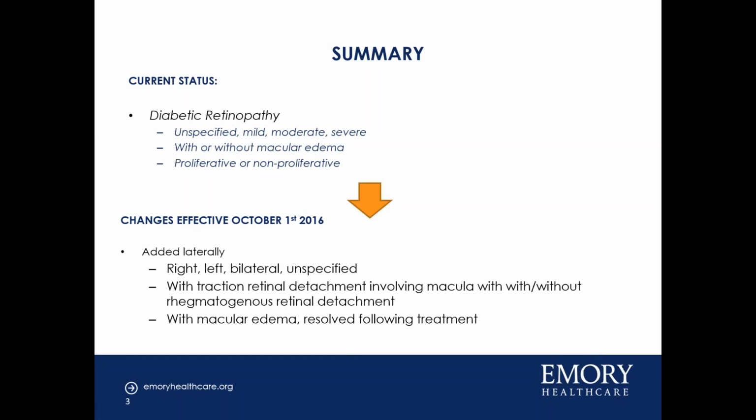So before you used unspecified, mild, moderate, or severe with diabetic retinopathy, and with or without macular edema, and proliferative or non-proliferative. Well, they've expanded that now to add laterality: right, left, bilateral, and unspecified.